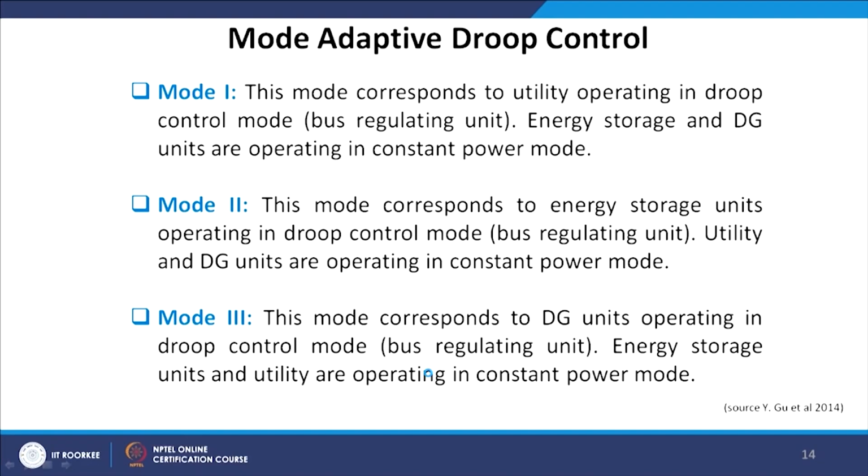Mode 3, we allow the DG to operate in droop control mode, and the energy storage and utility operate in the constant power mode. If you say it is A, B, C, if A is in droop control mode, B and C operate at constant power mode, and similarly, alternatively B is in droop control mode and A and C are in constant power mode, and then C is in droop control mode, A and B are in the constant power mode.